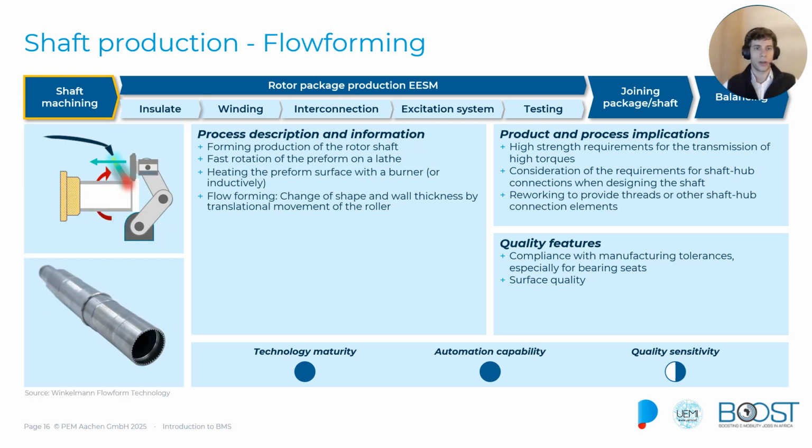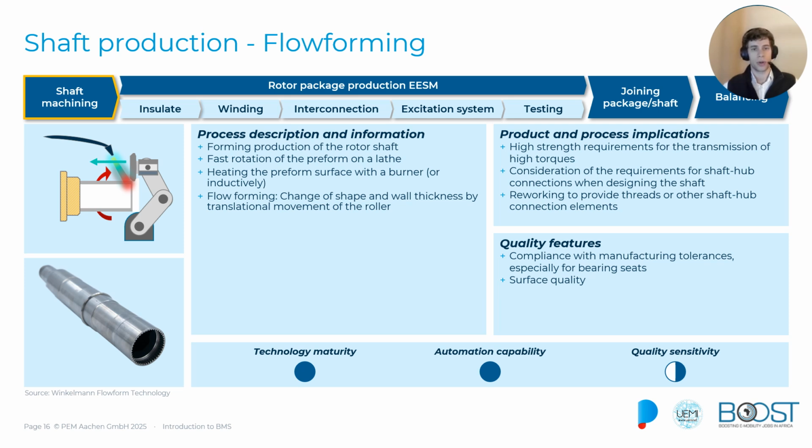Flow forming is another metal forming process used to produce shafts for electric rotors. It involves rotating a cylindrical workpiece while applying pressure with rollers to shape it into the desired form. The process starts with placing the workpiece, usually a preform or tube, onto a mandrel.